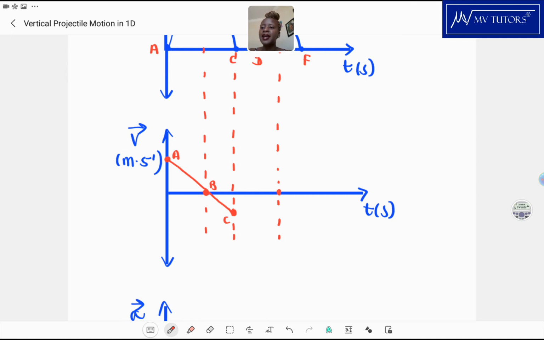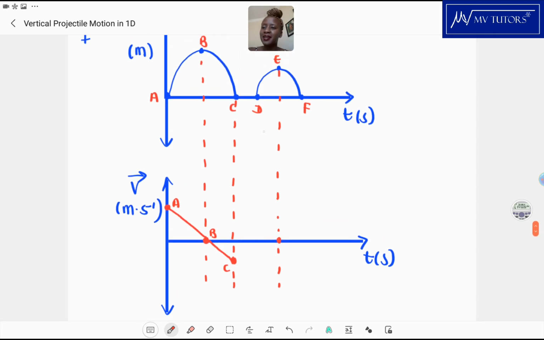All right, now there is that point of contact with the ground, and then again you have an initial velocity there at D, which is much less than A, and it passes through E, and then it ends up at F. Okay, so it ends up somewhere just above C because it's less.